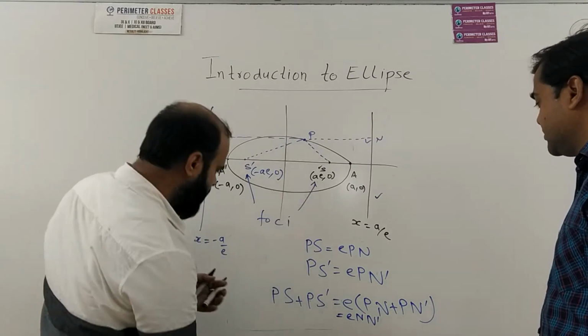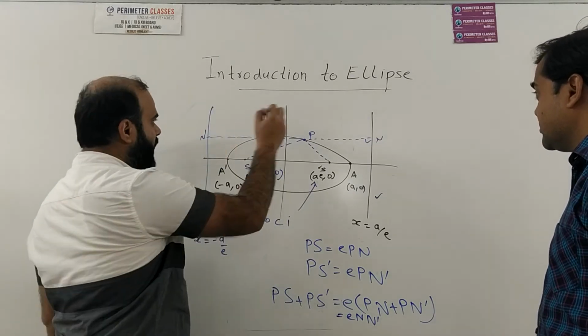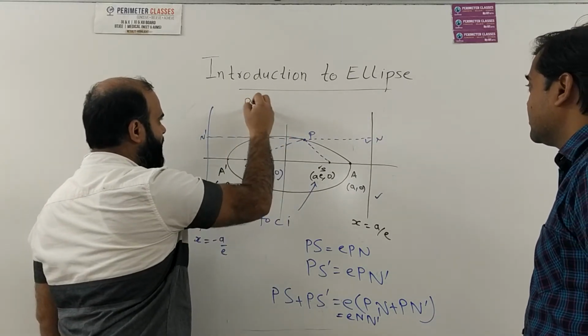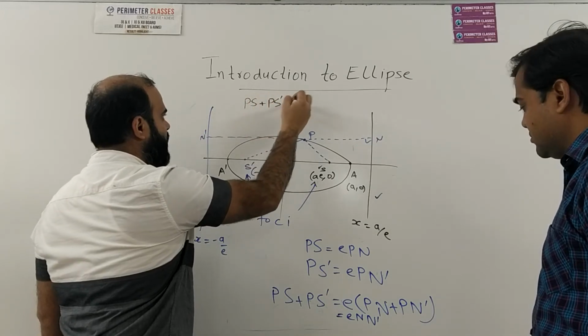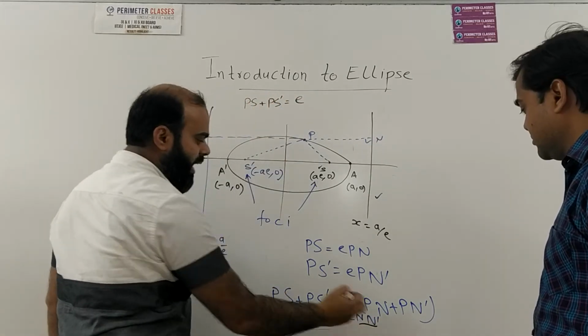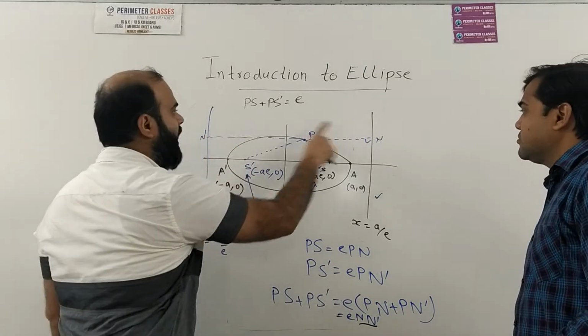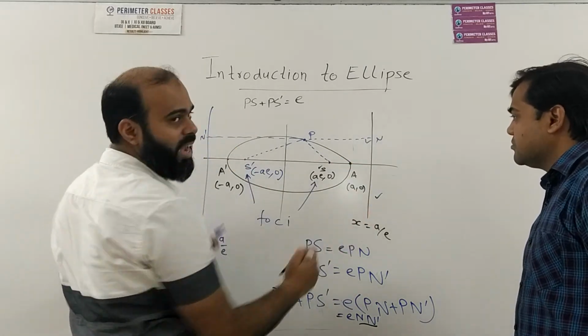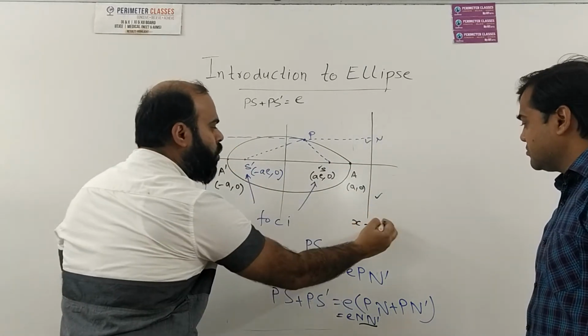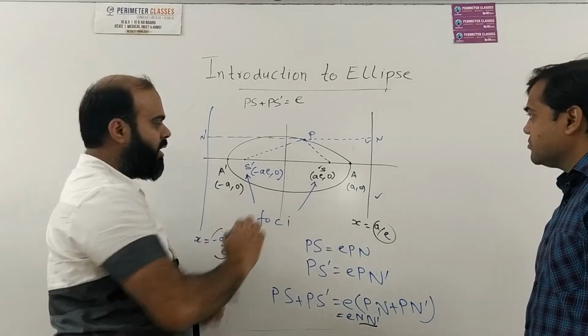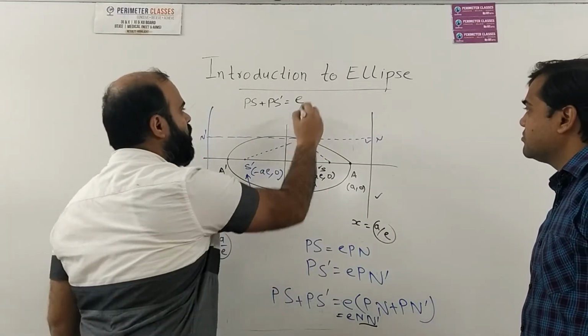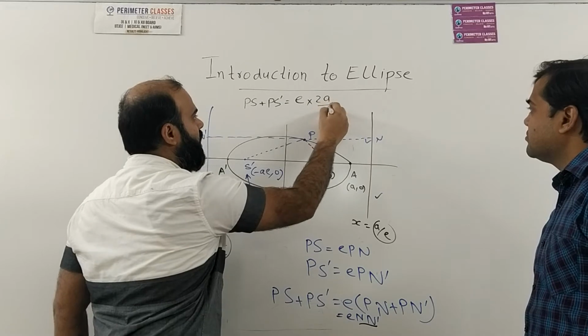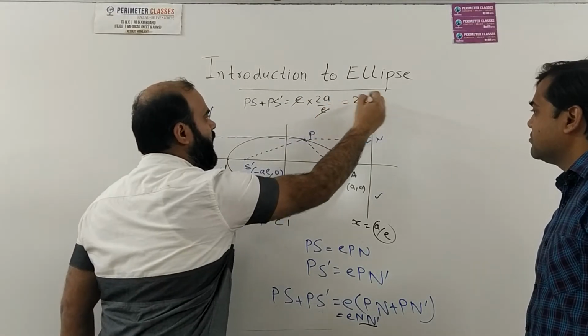After seeing this, finally PS plus PS' is equal to e times NN', and NN' is the distance between the directrices, which is twice of a by e. So this is e times twice of a by e, and finally you get 2a.